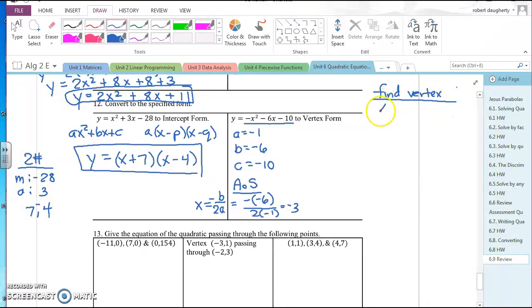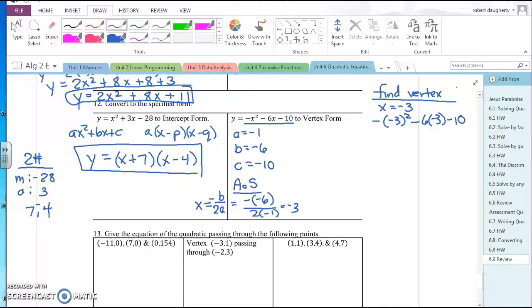So to find the vertex, I know that x has to be negative 3. So I'm going to plug that into my original equation. Negative of negative 3 squared minus 6 times negative 3 minus 10.